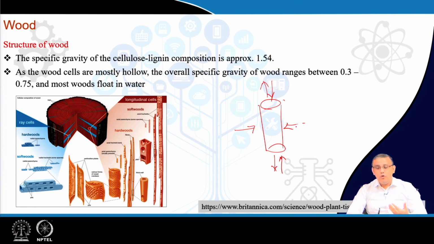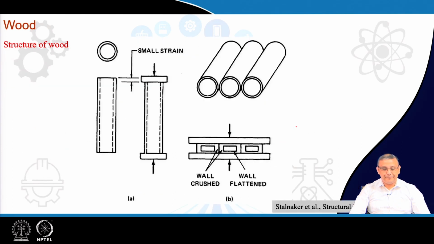So, I repeat, wood has excellent strength and stiffness along the long axis of the cells, which is also along the trunk direction, and along the transverse direction, which is the thickness direction of the cells, wood possesses very low strength, and this is because the cells are all hollow. Typical examples are being shown over here.